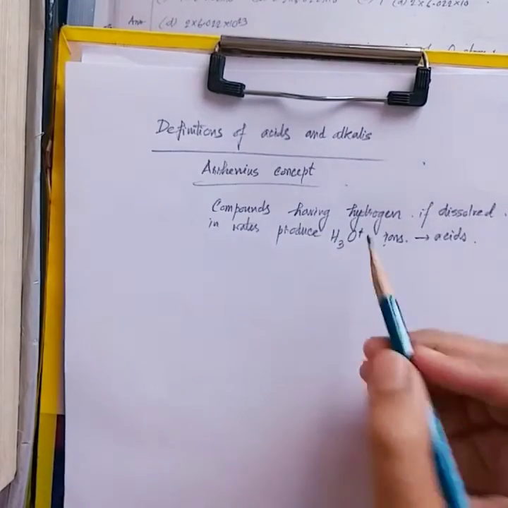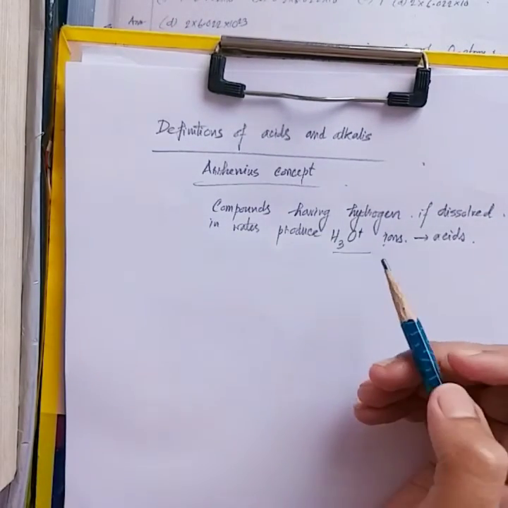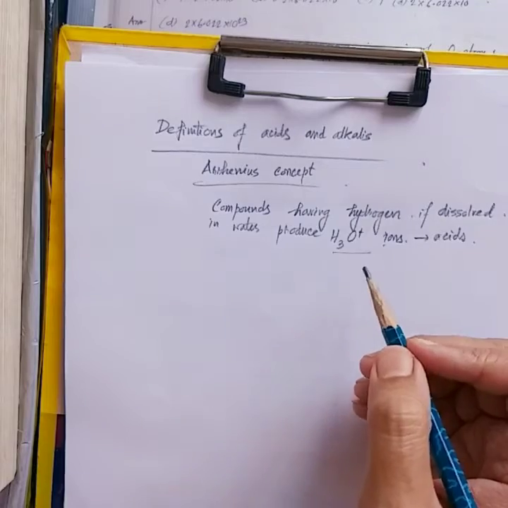Okay, you know that this H3O plus ions are called hydroxonium or hydronium ions, right?